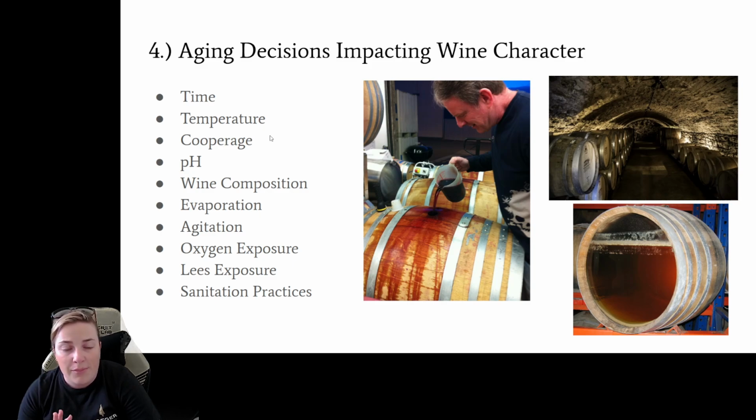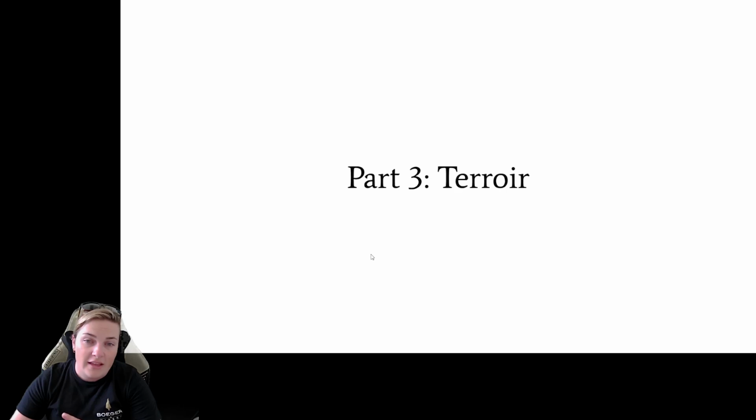We also have the pH of the wine, the composition of the wine, evaporation, agitation, the amount of oxygen exposure it has, lees exposure, and then also your overall sanitation practices, right? All of these things will affect the wine as it ages and impact the flavor of the final product. So a lot of things.